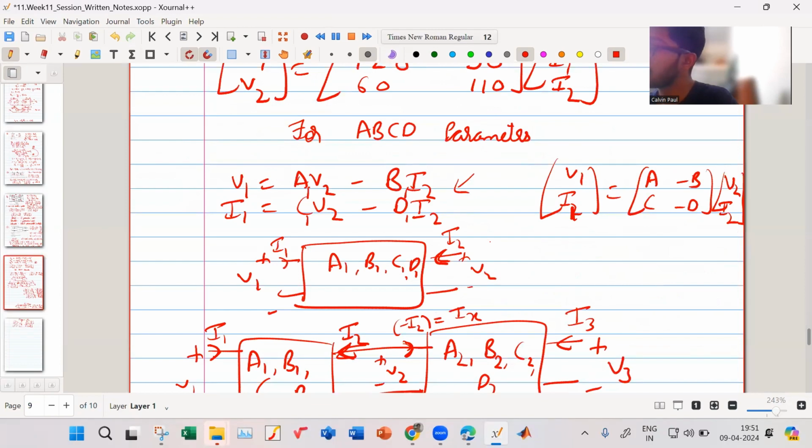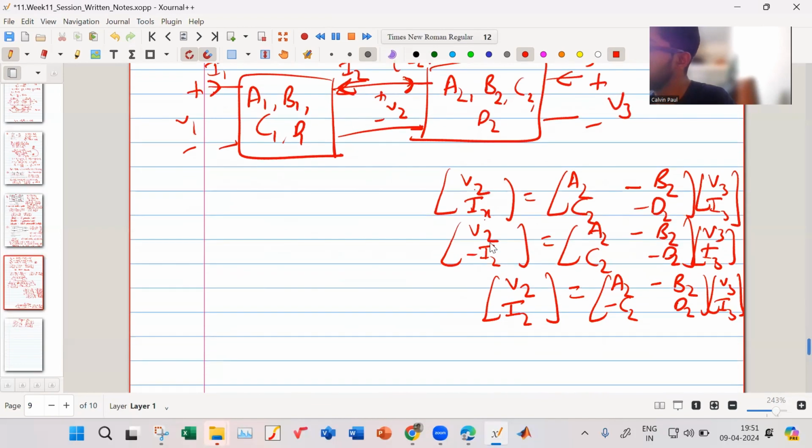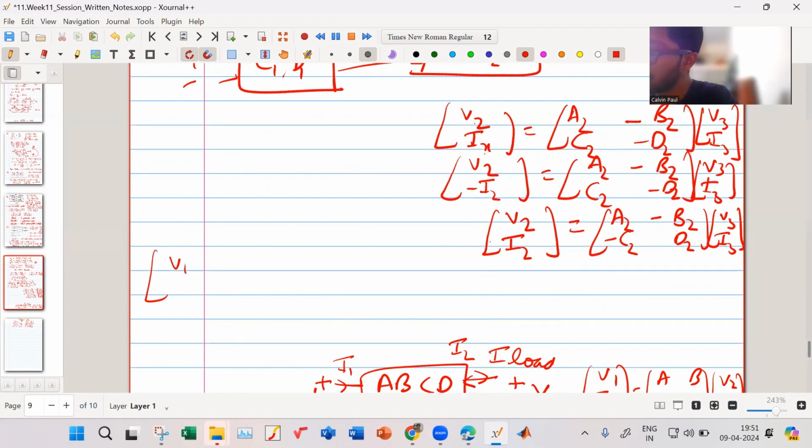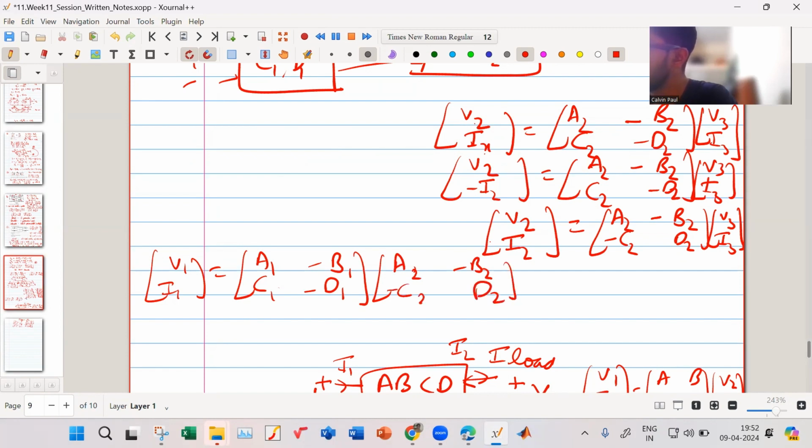I know V1, I1 is [A1, minus B1; C1, minus D1] times V2, I2. And what is my V2, I2? That is [A2, minus B2; minus C2, D2] times V3, I3. So what is my overall ABCD parameters? It is the multiplication of these two matrices. This is my overall ABCD parameters.